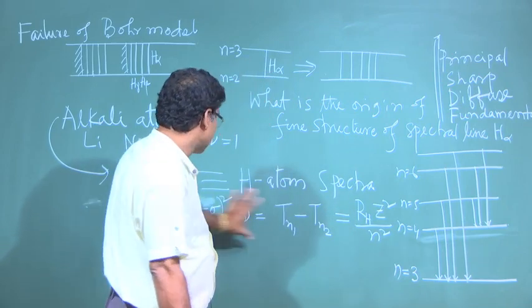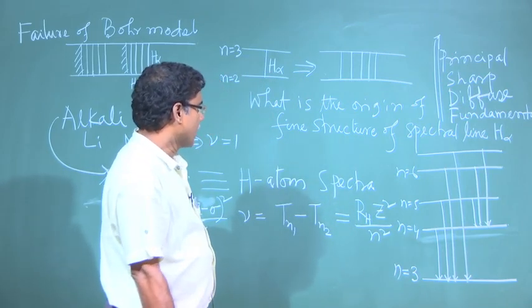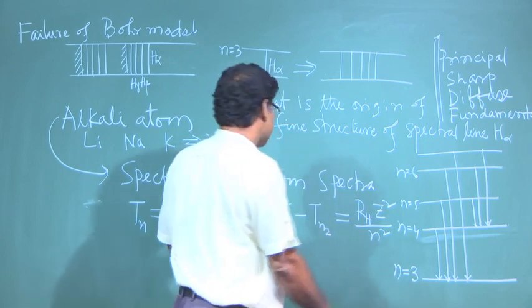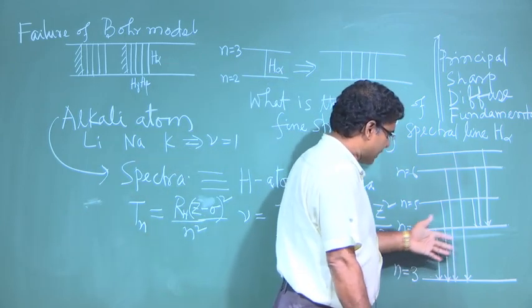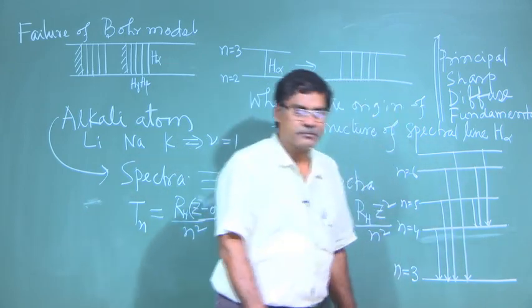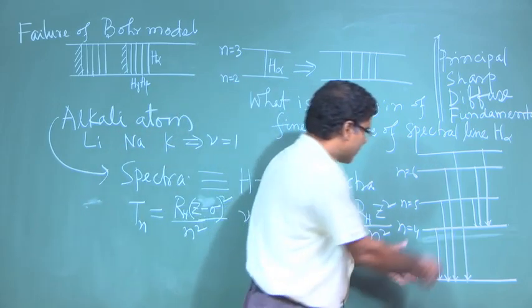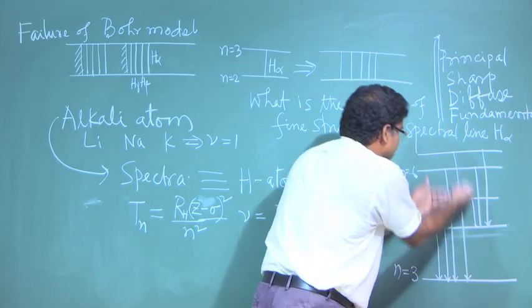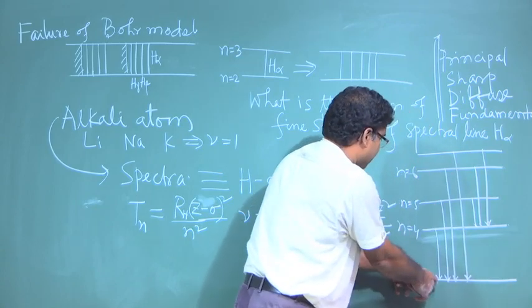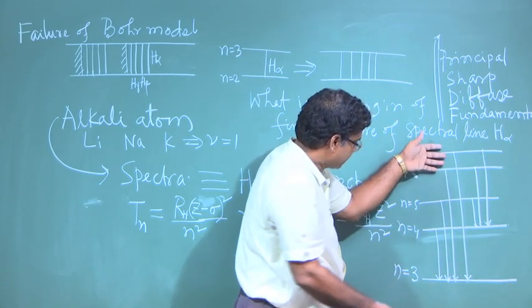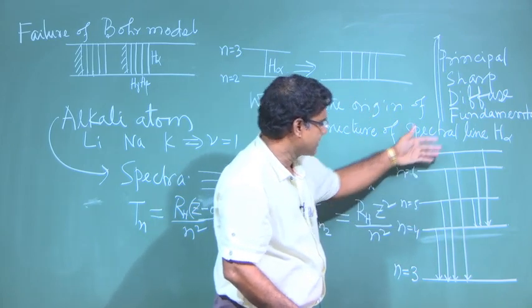So, as per this one, in principle, whatever this transition I showed, later on we will see, at n equal to 3, transition from the other n equal to 4, 5, 6.